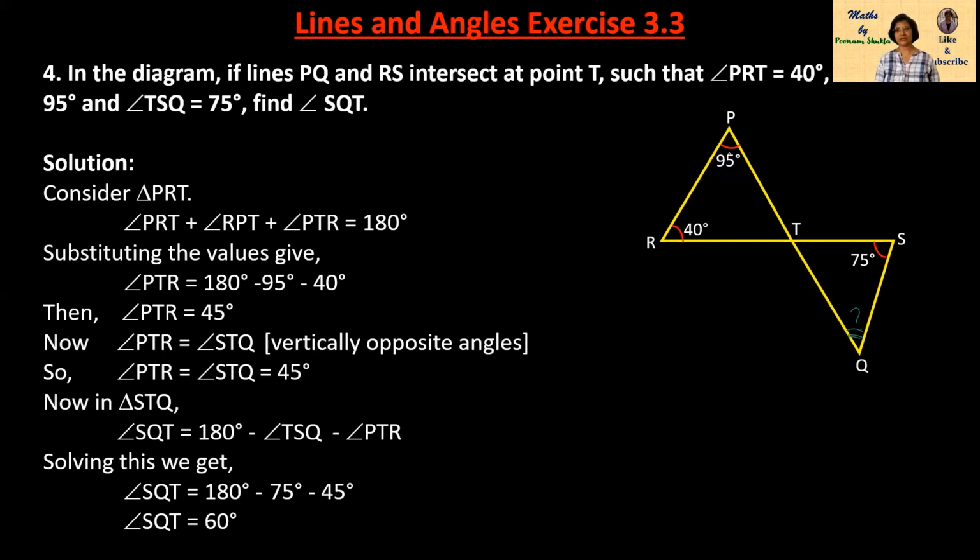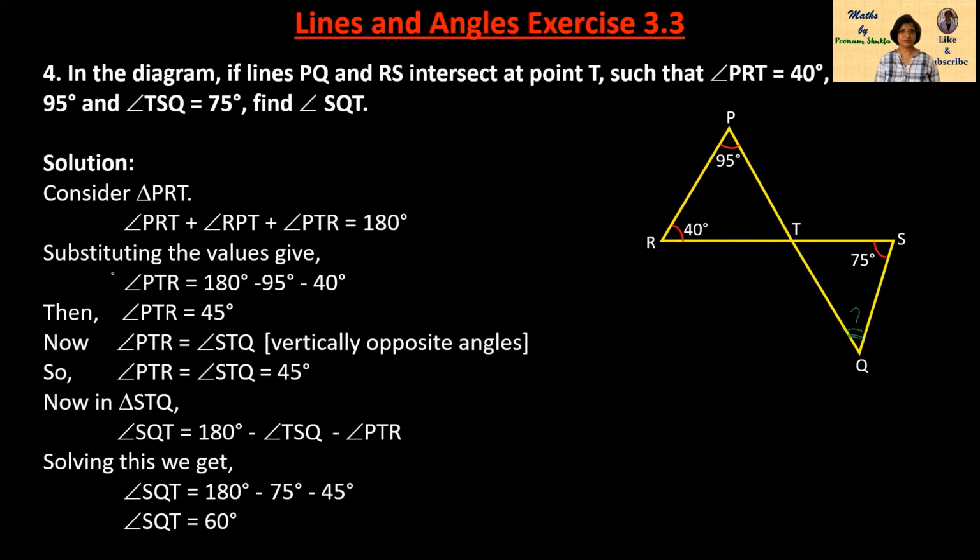Clear? These two angles are given in this triangle, and we have to find this angle. So what do we do here? We consider this triangle. In this triangle, the sum of these angles is 180 degrees.